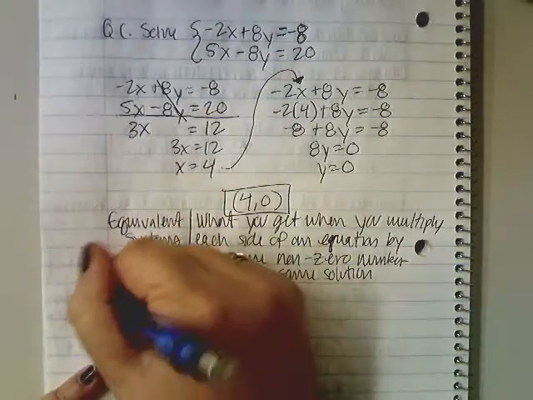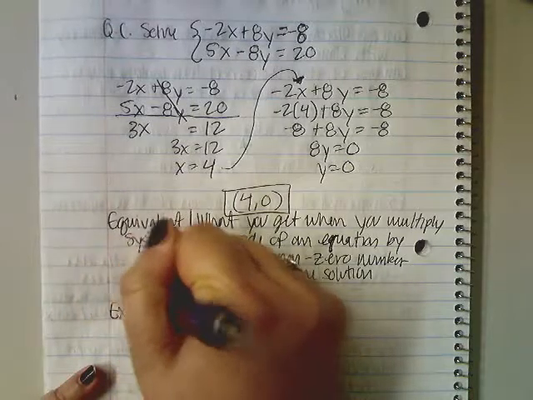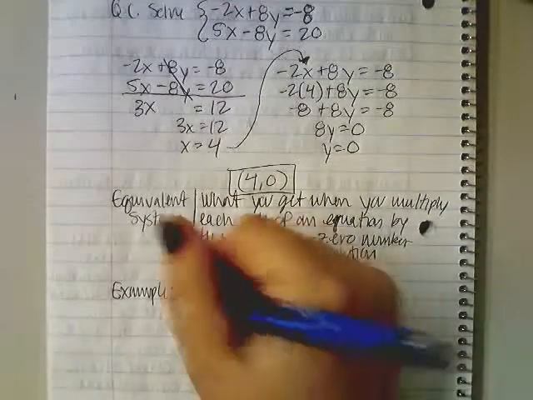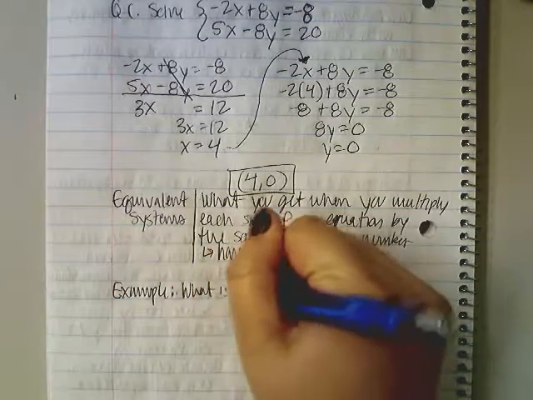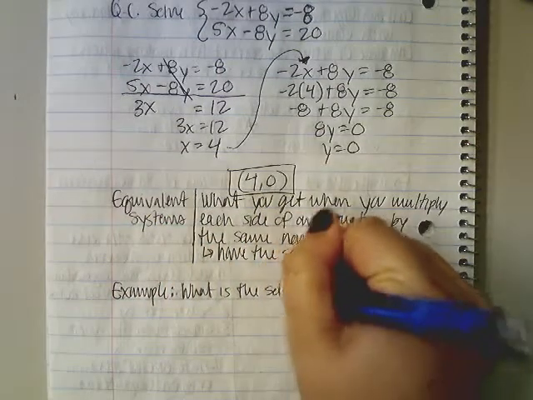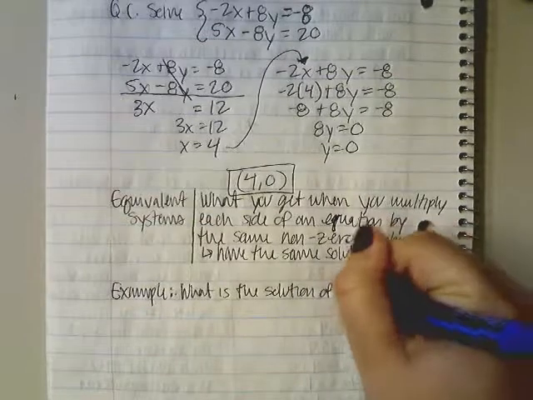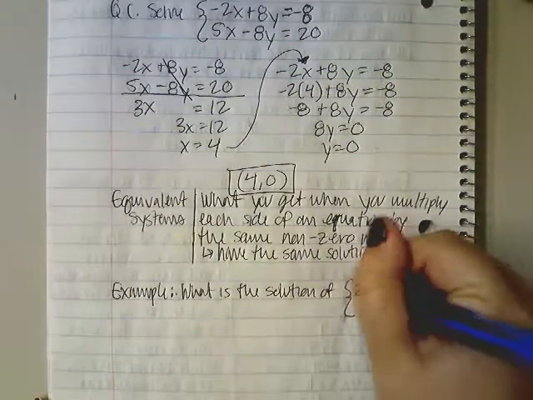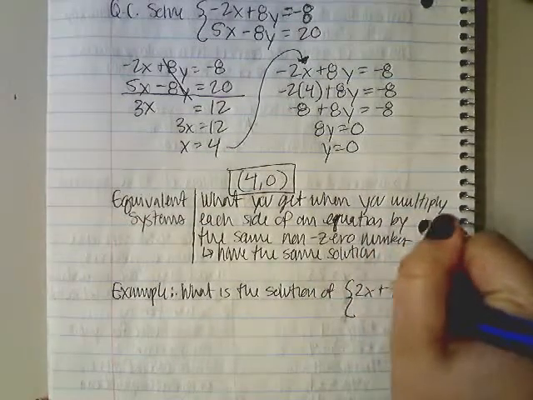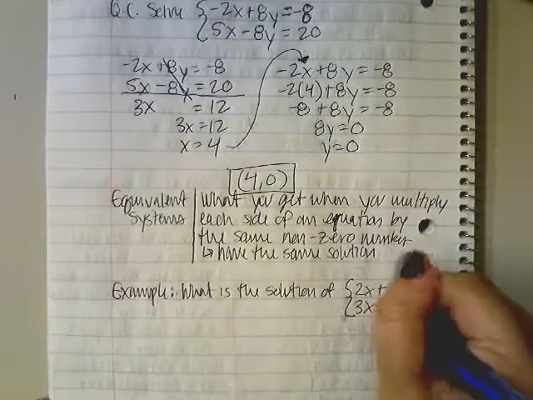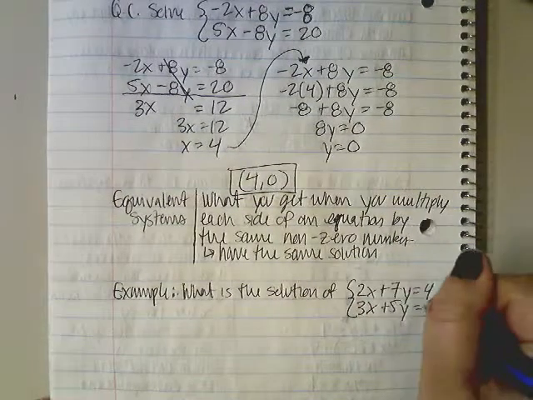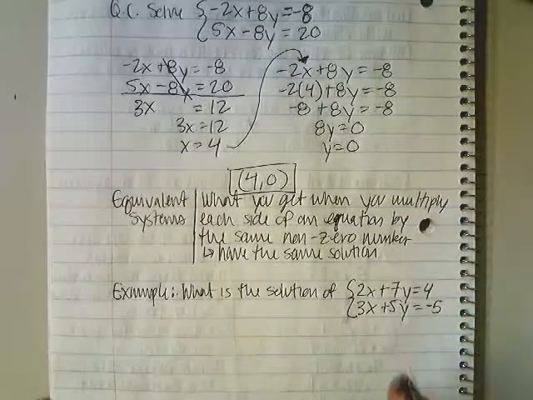So let's do an example of this together. What is the solution of 2x plus 7y equals 4 and 3x plus 5y equals negative 5?